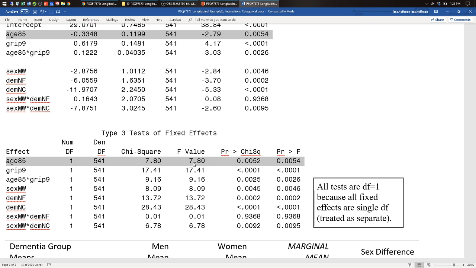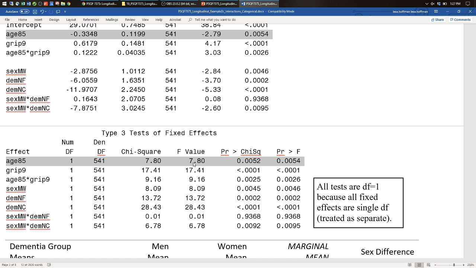Why are the p-values slightly different? Which one of them is using this denominator degrees of freedom? F. What's chi-square using for denominator degrees of freedom? Infinity. It doesn't have one.